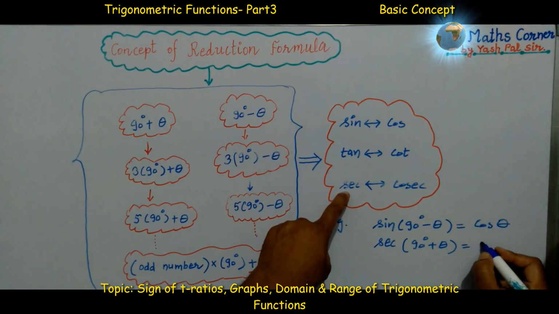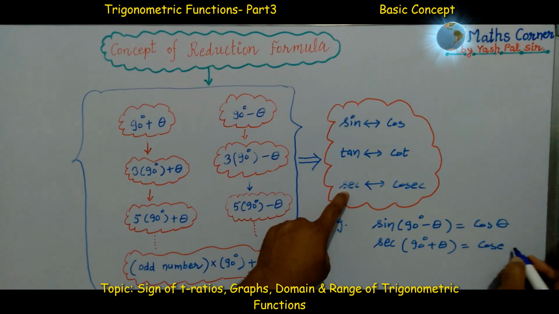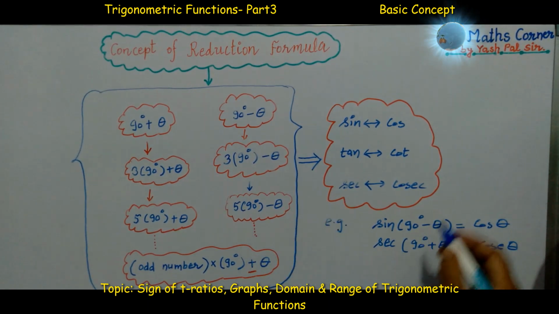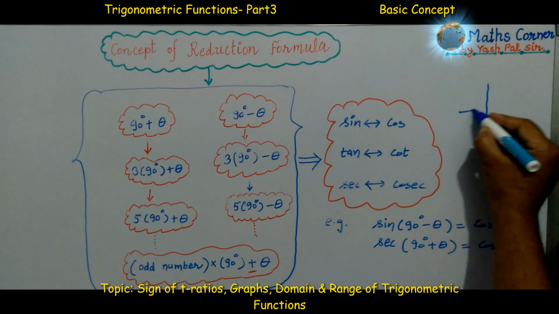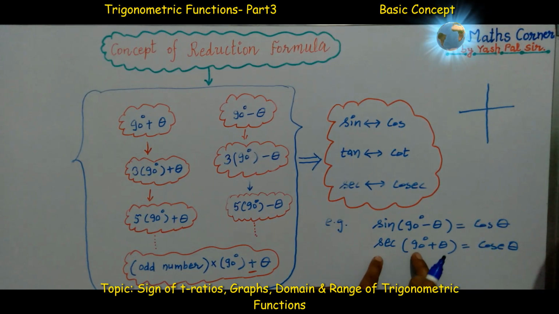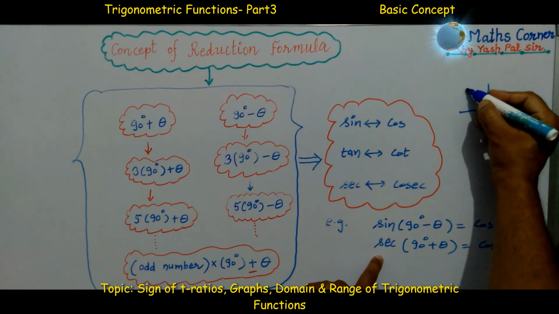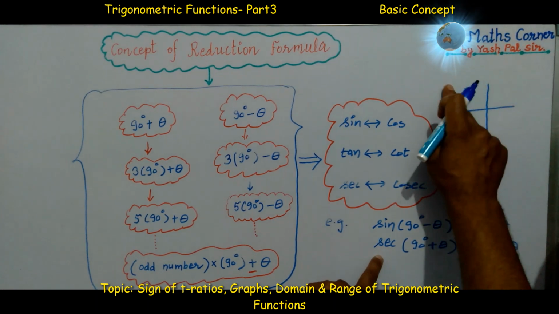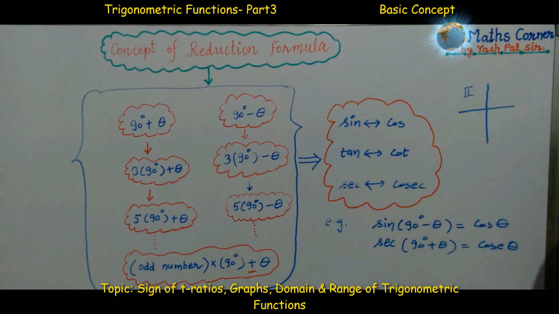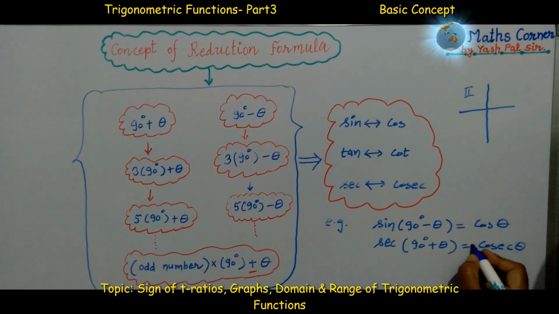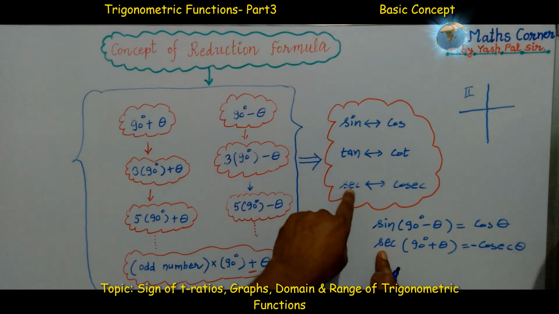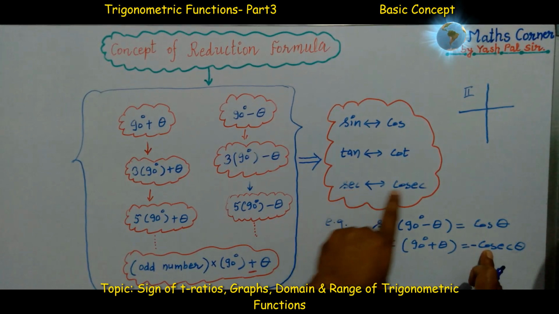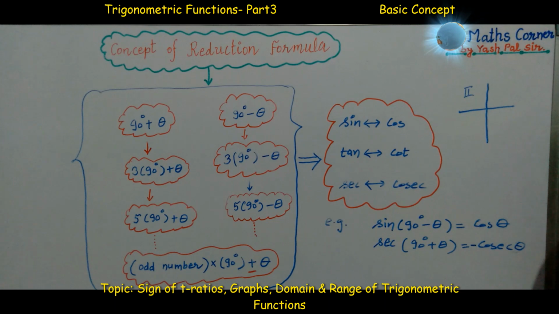This is equal to cosecant theta. But one more thing, in second quadrant only sine theta and cosecant theta are positive, so the result will be negative. But this is true that secant is changed into cosecant theta.